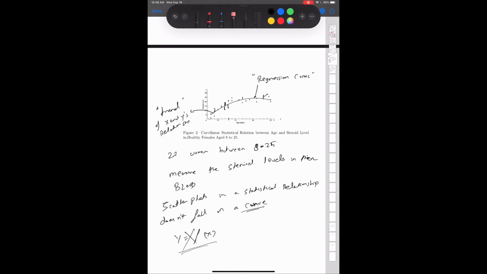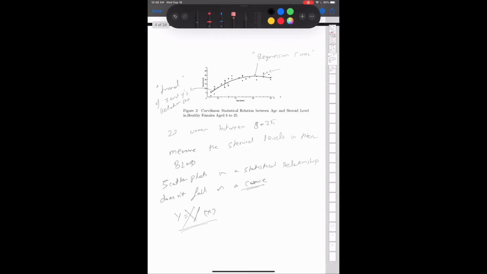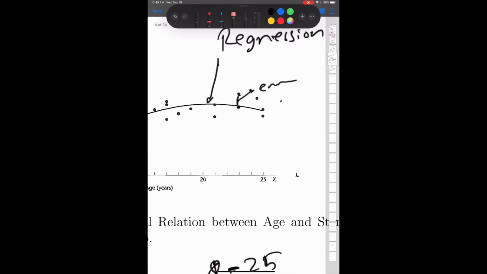So this is the error here. For this point here, the error is small. For this point, the error is this length.